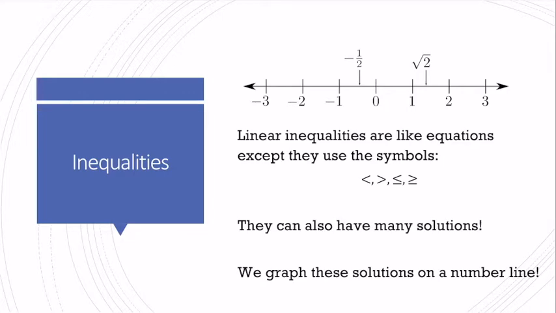We can compare them with symbols like less than, greater than, less than or equal to, and greater than or equal to. Linear inequalities are like equations, except instead of an equal sign, they use these inequality symbols. What's different about them is they can have many solutions, right? And so we need to graph these solutions on the number line. I'll also show you how to write them in set and interval notation.